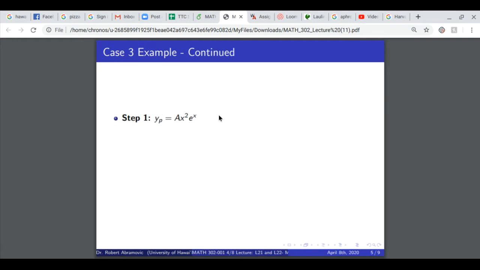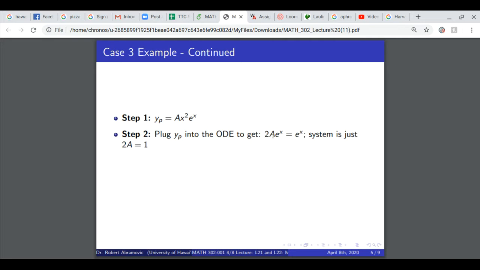And we go through the 3 steps we saw in Monday's lecture. Set the particular solution equal to an unknown constant, an undetermined coefficient, a times x squared e to the x. You plug this yp back into the ODE to get 2a. You can check this just from differentiating. All the other terms go to 0.